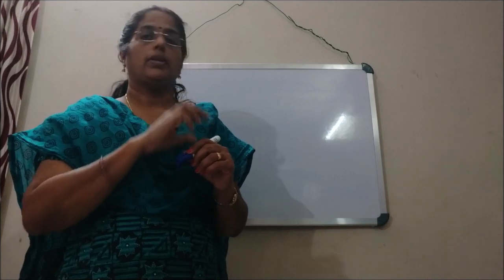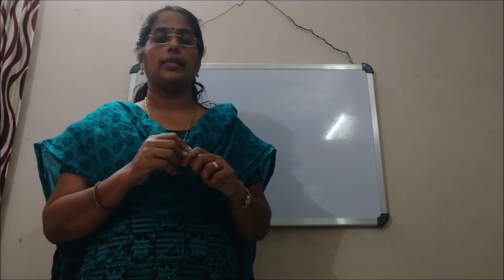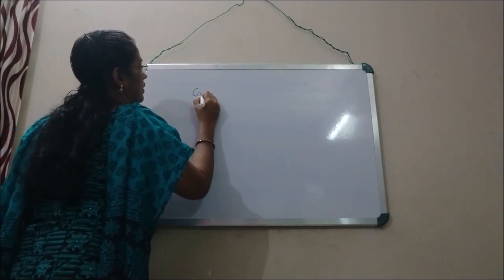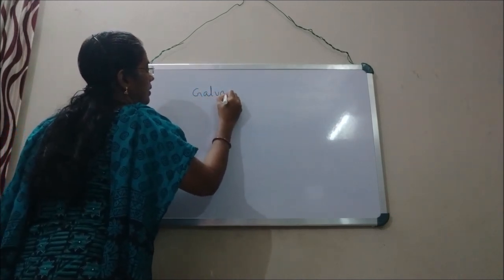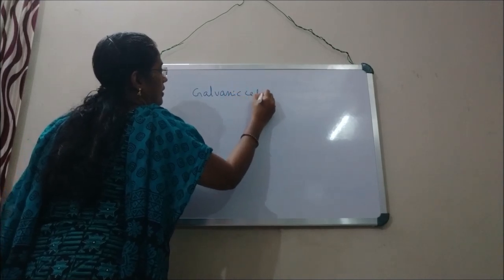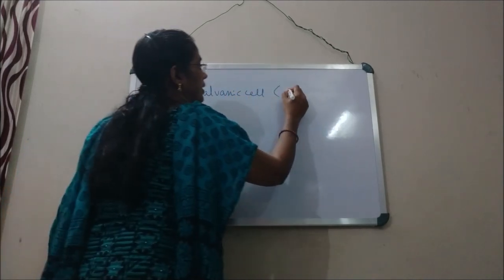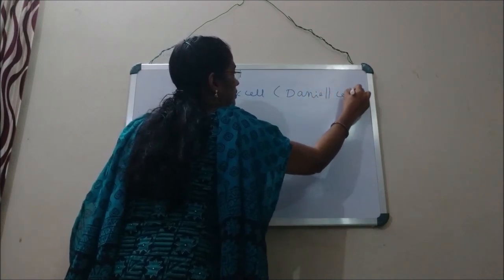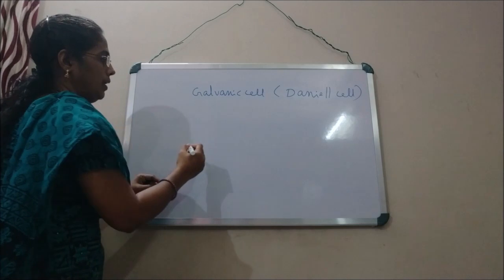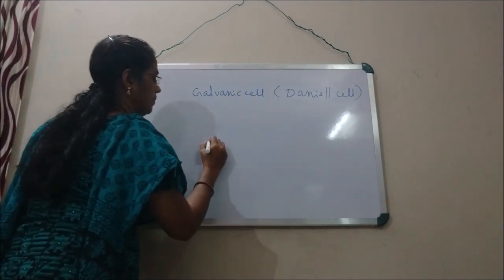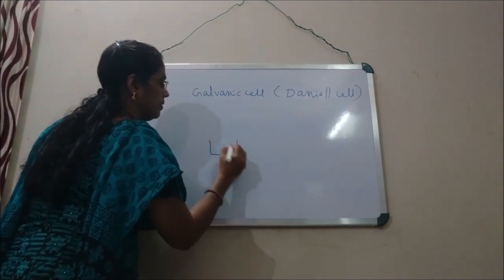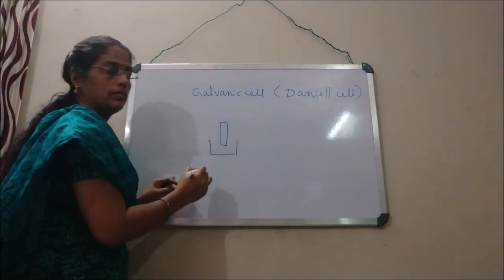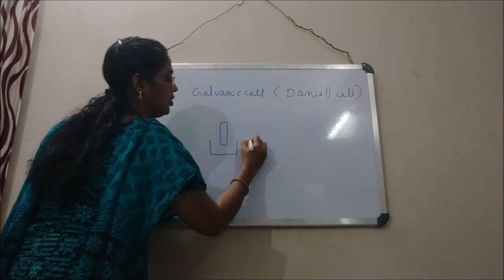And we can draw the figure of this Daniell cell. That is a galvanic cell. Its example is the Daniell cell. In this, the zinc electrode is acting as the anode and is dipped in zinc sulfate solution.